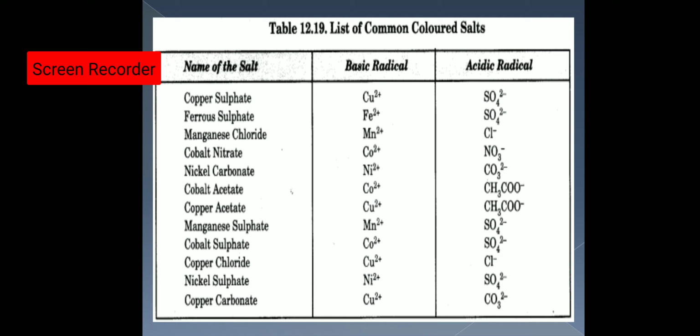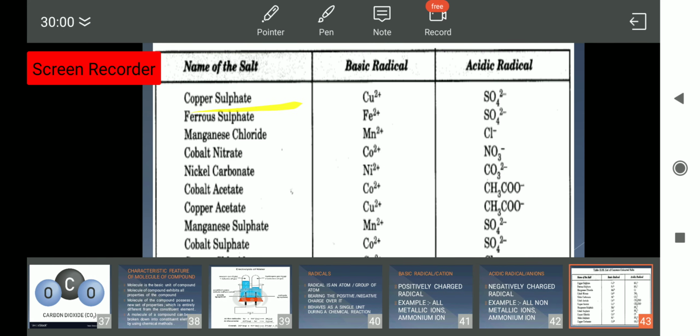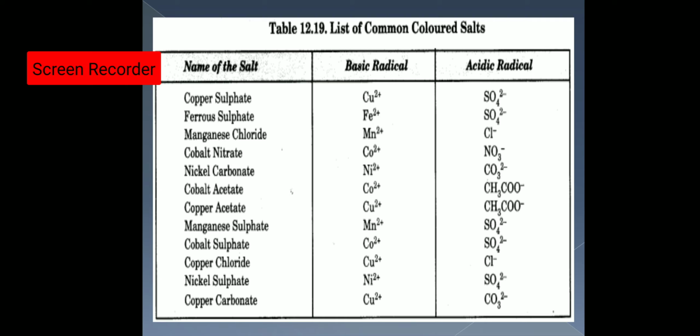Next, here is the list of common colored salts, which shows some basic radicals and some acidic radicals. Okay. So copper sulfate. Copper is the basic radical, that is, copper is a metal having a positive charge, whereas sulfate is the acidic radical.